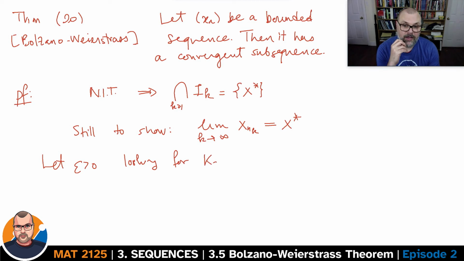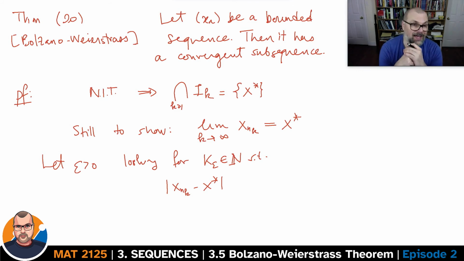Looking for a k epsilon, an integer such that the distance between the candidate for the limit x star and the terms of the sequence x_{n_k} gets arbitrarily small, and k is greater than k epsilon. This is what you're looking for. Well, which one are we going to pick?